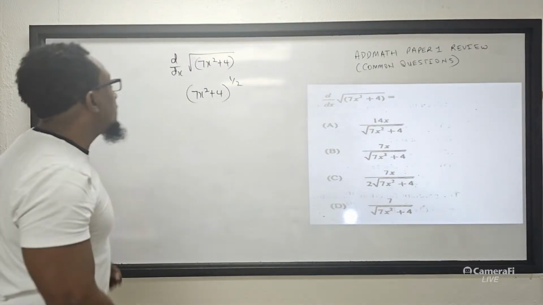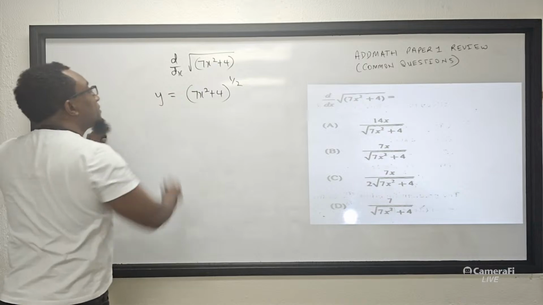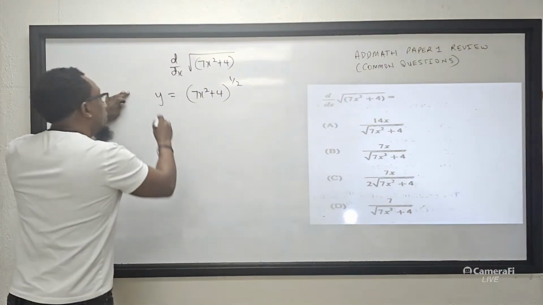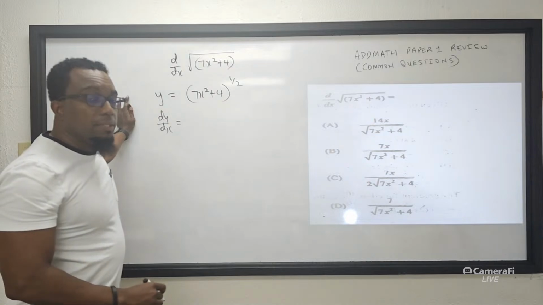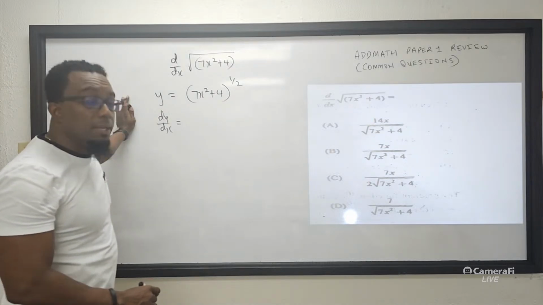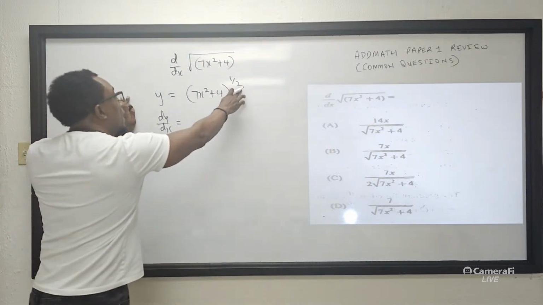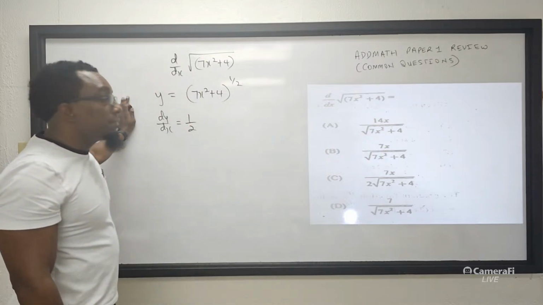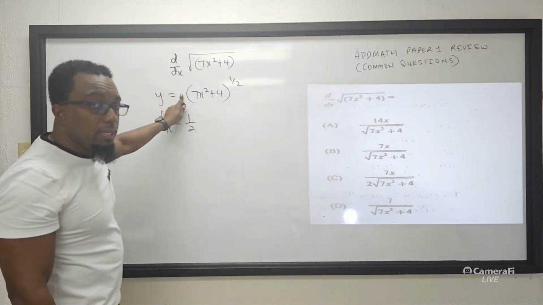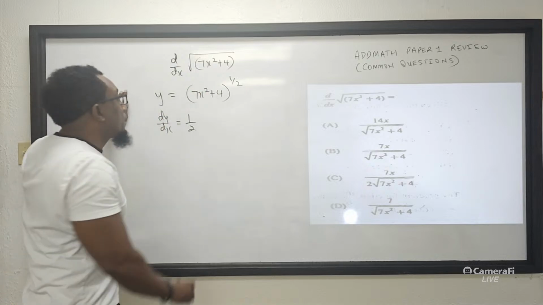If y is equal to that function, then when differentiating you must start with the differential coefficient dy over dx. This is a composite function, so it's a half by 1, which is understood in front of your bracket, 7x squared plus 4. A half by 1 is a half.